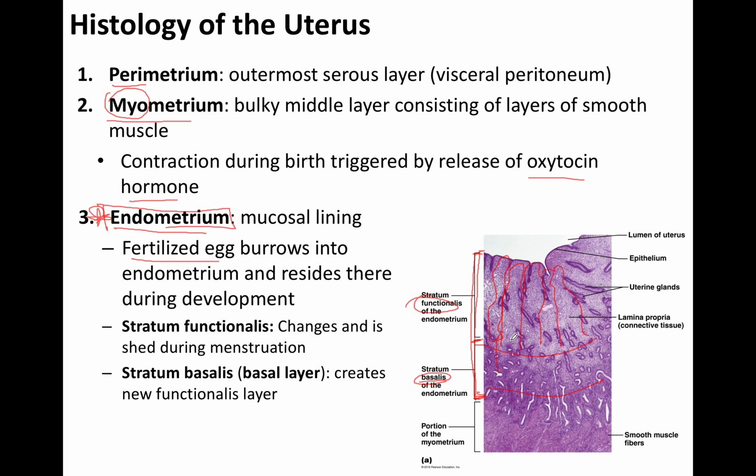So this is the layer that will have lots of blood vessels in it. This is why menstruation has blood, because all of this layer has a significant blood supply to it, because this is the layer that's going to help form the placenta when the egg actually implants.